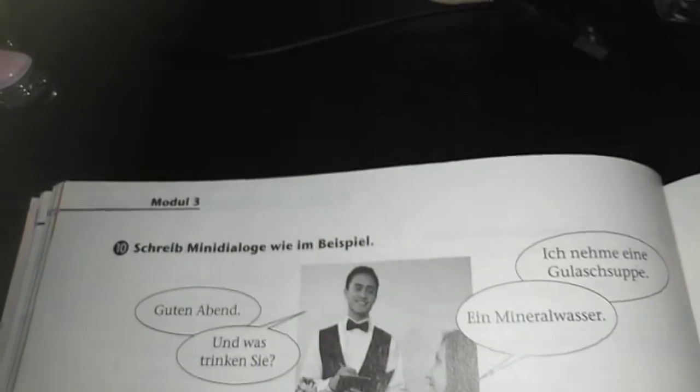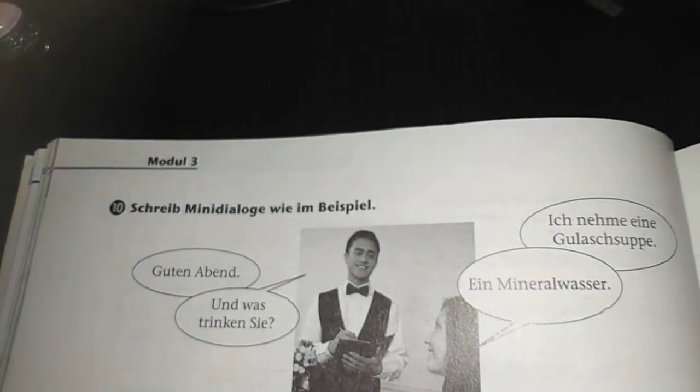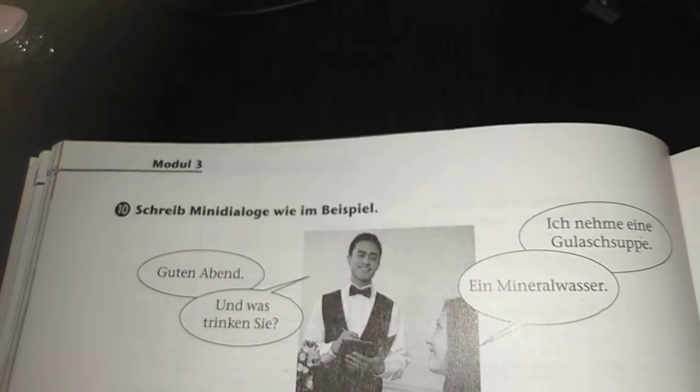And what do you drink? Limonade article is feminine. So it will be eine Limonade. Clear? So will you try the next one? You are supposed to write these 5 mini dialogues in your CW, similar to the given example. Okay? Is it clear? Can we go ahead? Okay, fine.